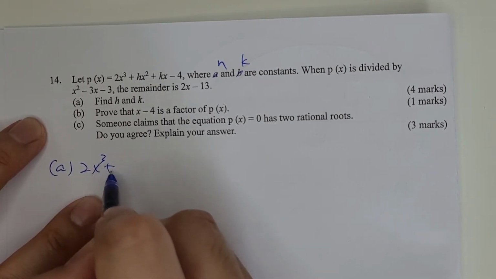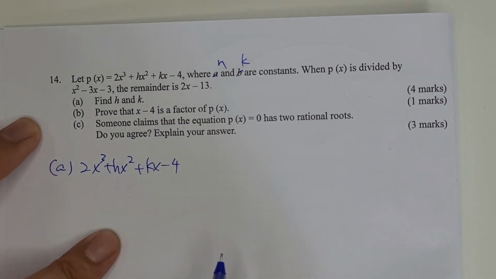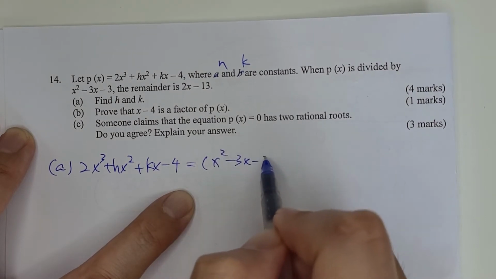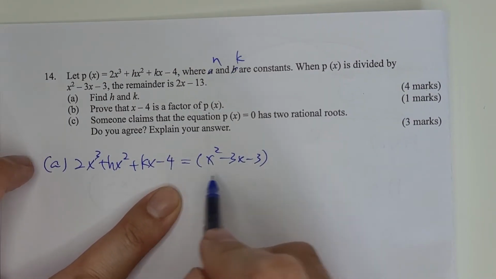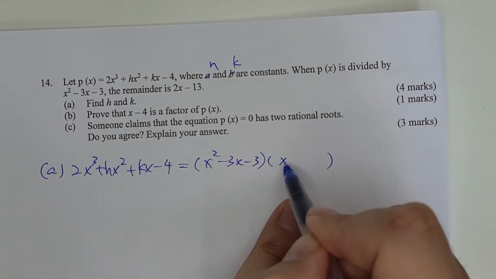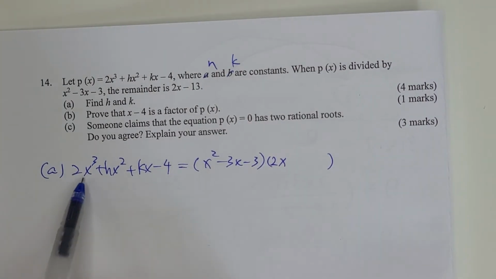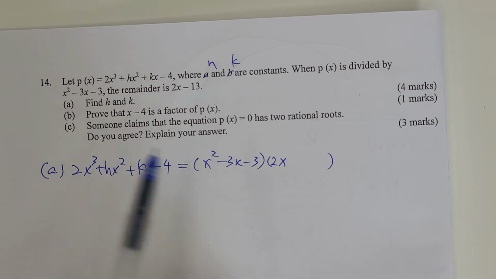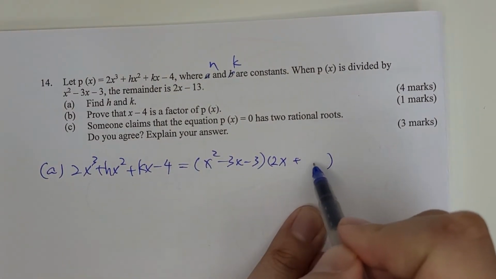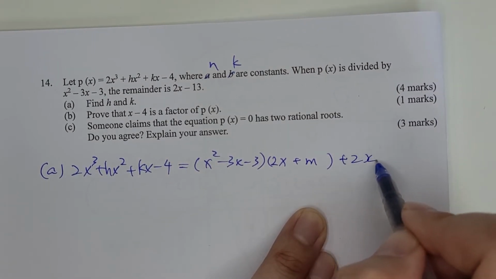P(x) can be written as the divisor times the quotient, which has only 2x, because when dividing by x squared you get 2x here, plus the remaining constant we don't know, so we use m, and then plus the remainder 2x minus 13.